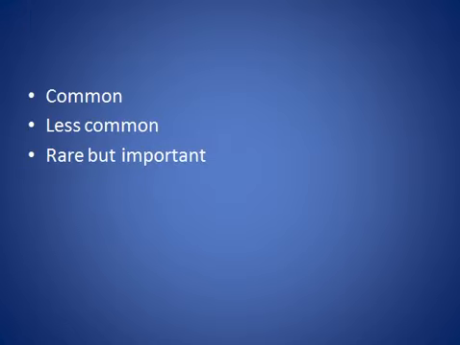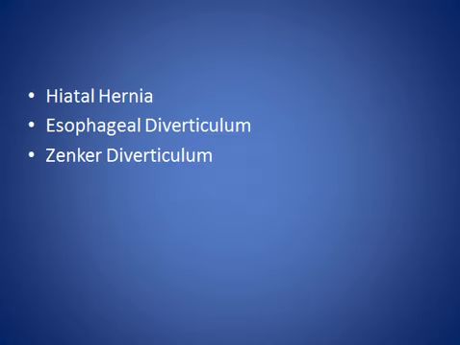The differential diagnosis, we have common, less common, and rare but important causes. The common causes of air containing mediastinal mass include hiatus hernia, esophageal diverticulum, Zenker diverticulum.